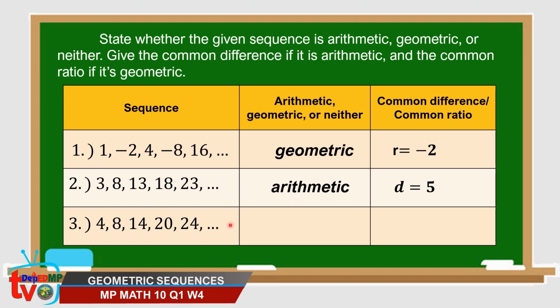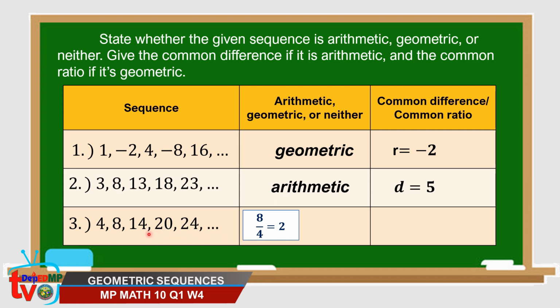Let's have number 3. 8 minus 4 equals 4. 14 minus 8 equals 6. The differences are not the same, so it's not an arithmetic sequence. Then let's check if there is a common ratio. 8 divided by 4 is equal to 2.